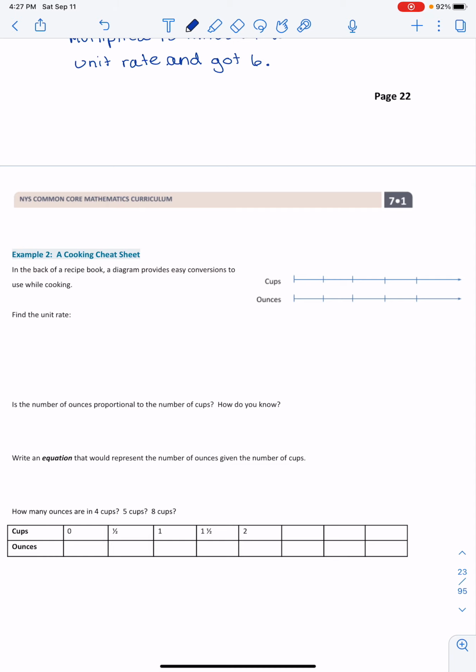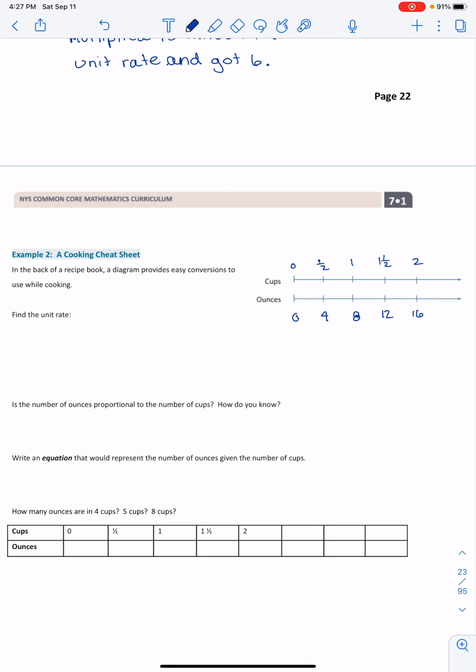We have 0, 4, 8, 12, and 16. For our cups, we have 0, 1/2, 1, 1 1/2, and 2.